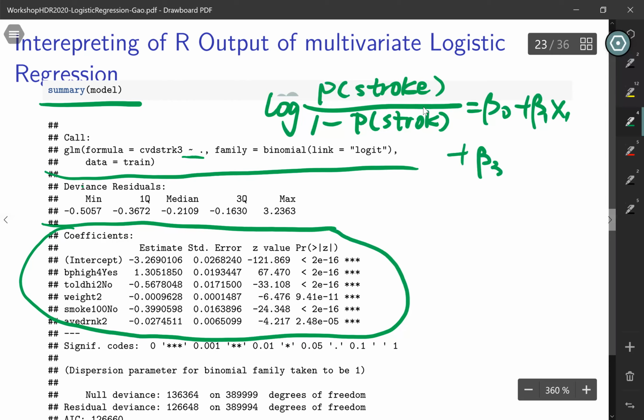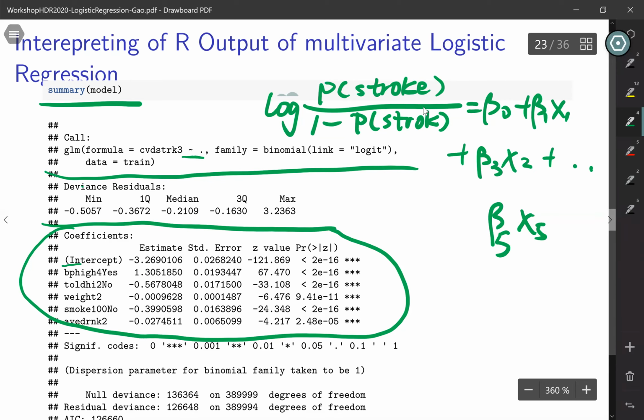Beta 3 x3, and so on, you just look at the list of the variables here. Now we have 5 x's. Now R found those coefficient numbers. Beta 0 is the intercept, so you can see here it is negative 3.2.